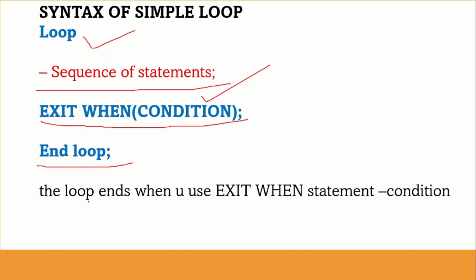So the loop ends when you use the exit when statement. Otherwise this loop becomes an endless loop, and it will keep on going, right? So it is a must to have the exit when statement if you are using loop and end loop, and this condition will terminate the loop.